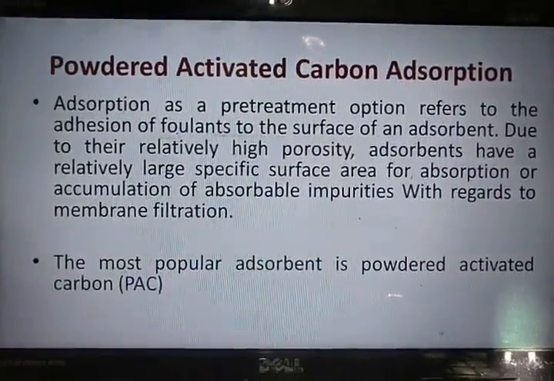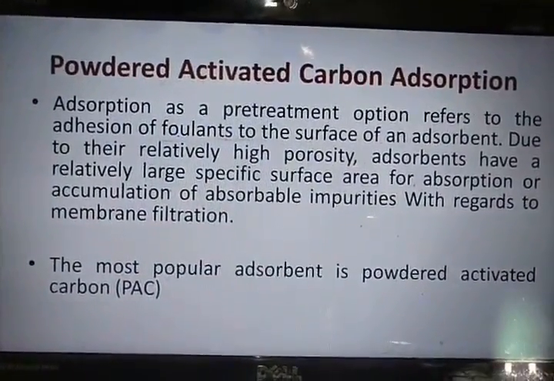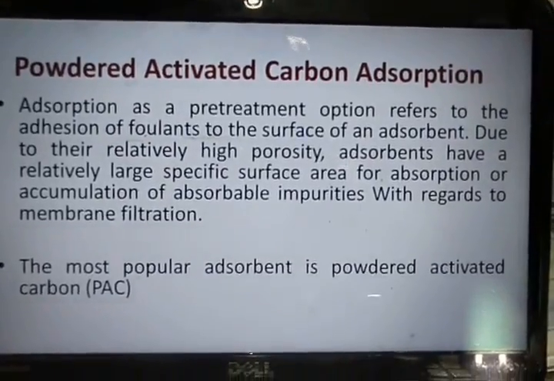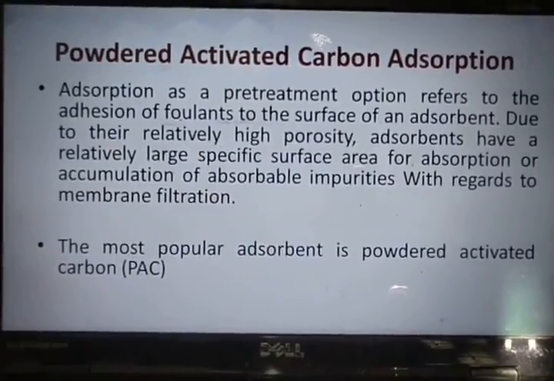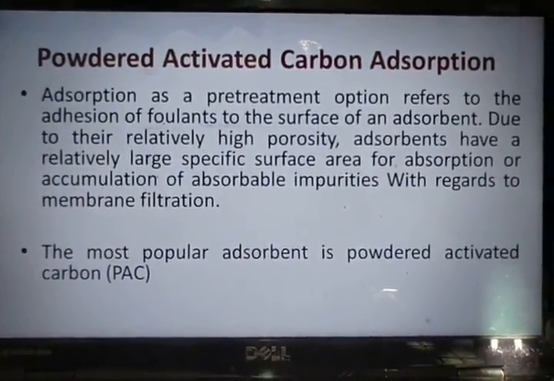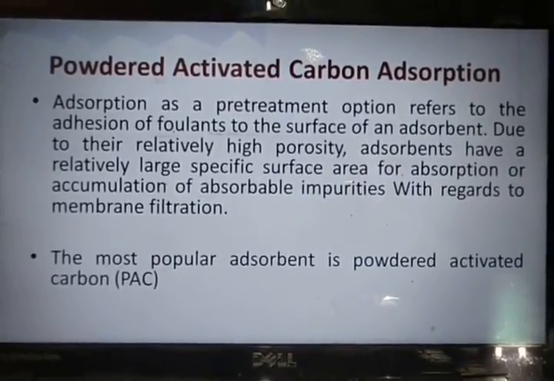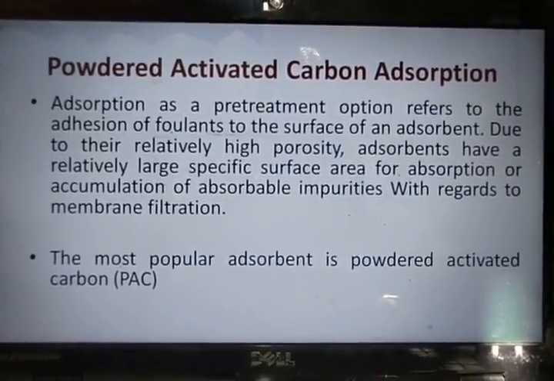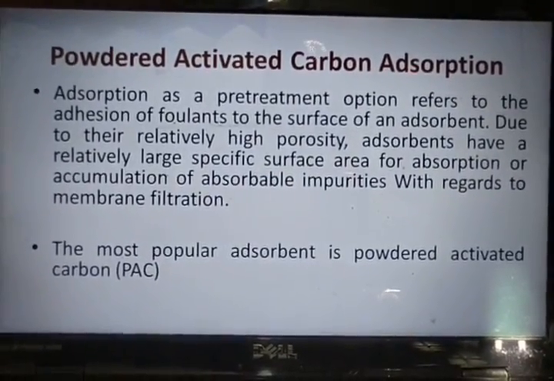Okay, the next one is called powdered activated carbon. Okay, so if you use powdered activated carbon, then that pre-treatment technology is referred to as adsorption. Okay, adsorption is a process wherein the suspended or very fine impurities get adsorbed onto the surface of an adsorbent. Here the adsorbent is activated carbon.